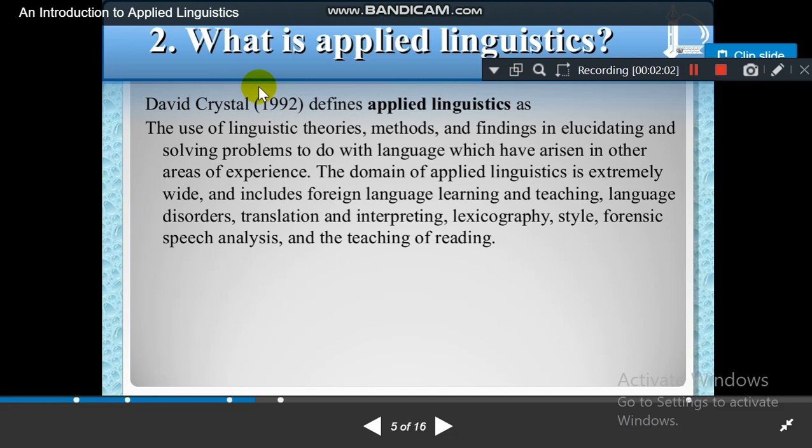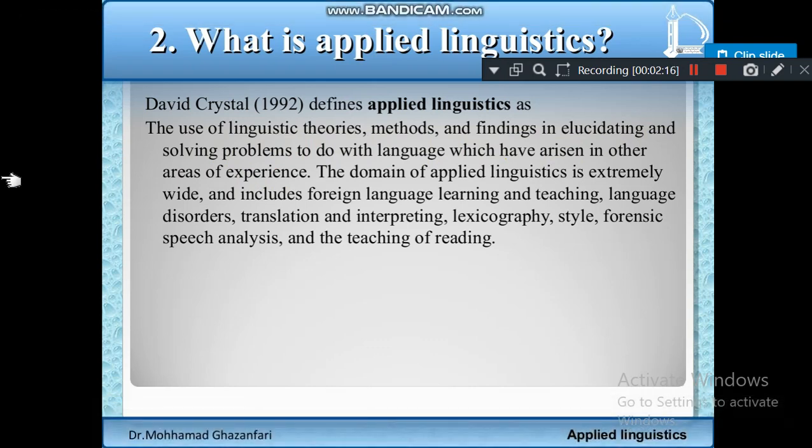Okay, so David Crystal defines applied linguistics as the use of linguistic theories, methods, and findings in elucidating and solving problems to do with language which have arisen in other areas of experience. So in applied linguistics, we use the theories that came about through research in the field of linguistics, and we use them to solve problems in the real world.